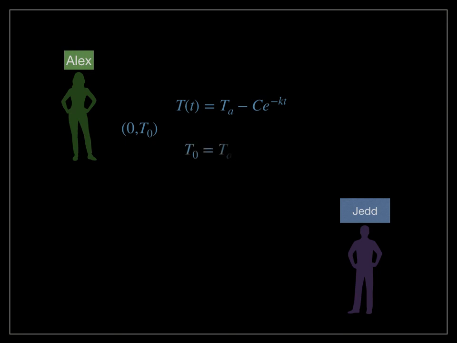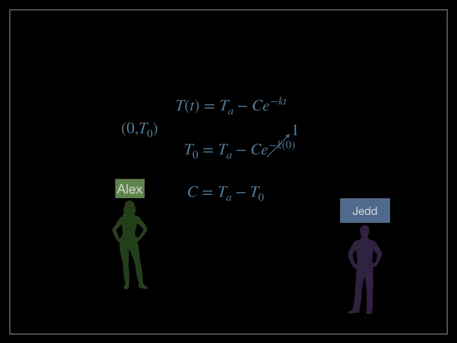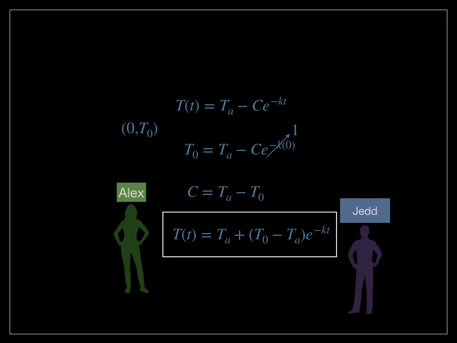She replaced small t with 0 and big T of 0 into big T, simplifying the term e to the 0 to be 1, and isolating C to one side, she got C equals T sub A minus T sub 0. Which means the constant C here is the difference between the ambient temperature and the initial human temperature. Plugging the C value into the earlier function, she arrived at the function that she used earlier in the analysis.